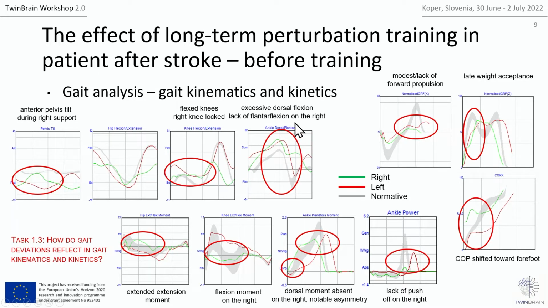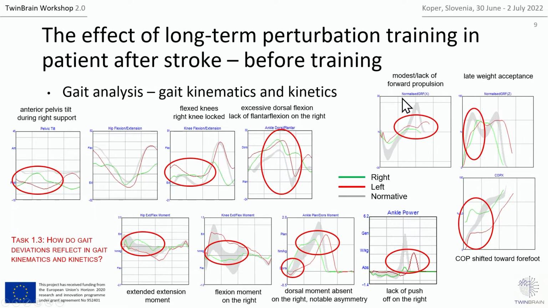We also see a considerable shift towards dorsiflexion, and a very small range of movement in the ankle joint at the end of the terminal phase. On the right side, the center of pressure is somewhere in the middle of the foot.